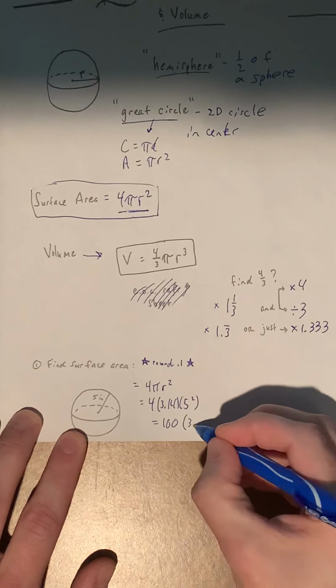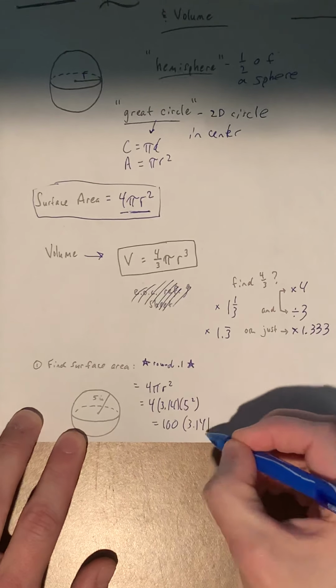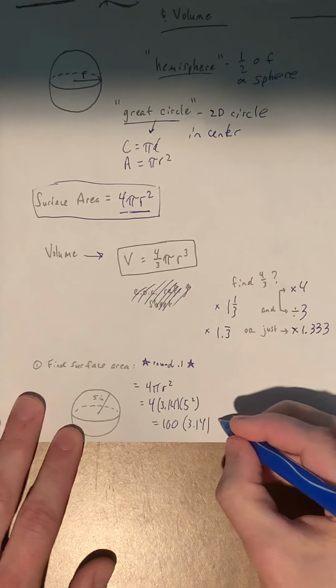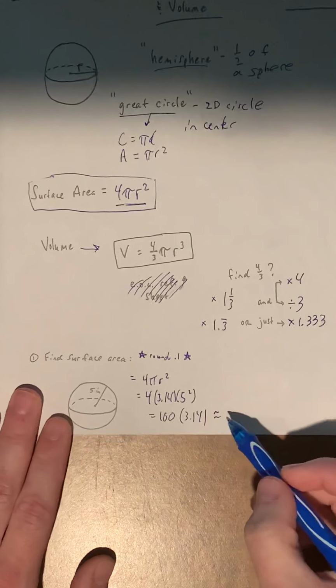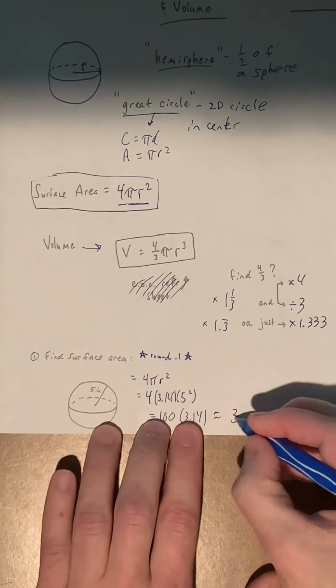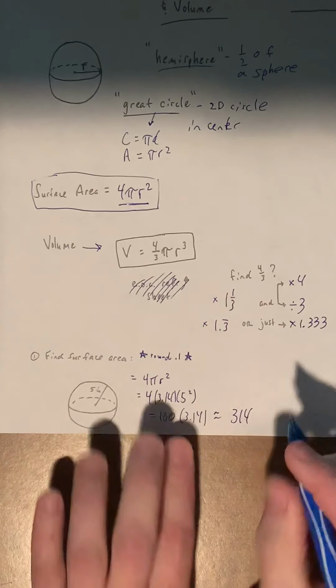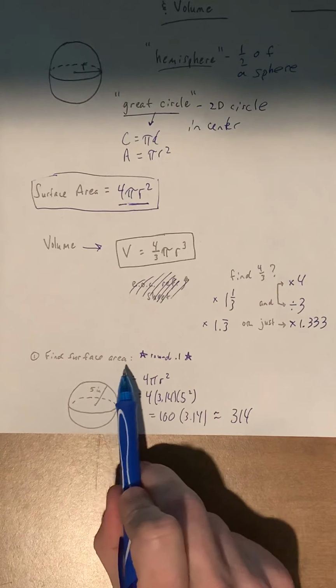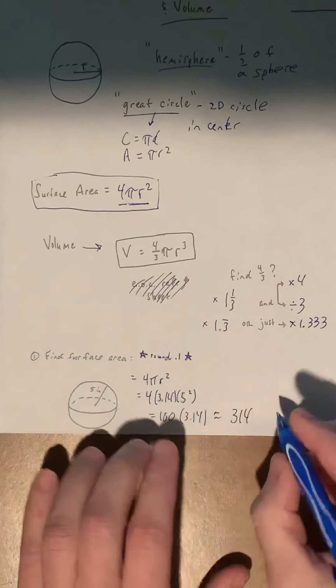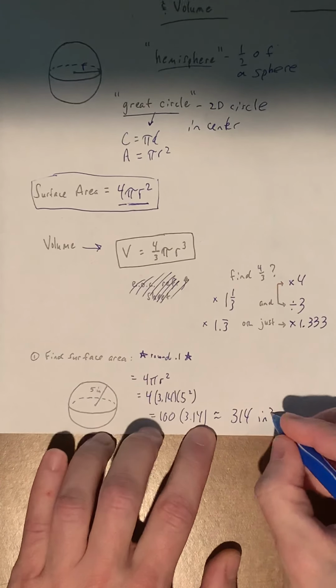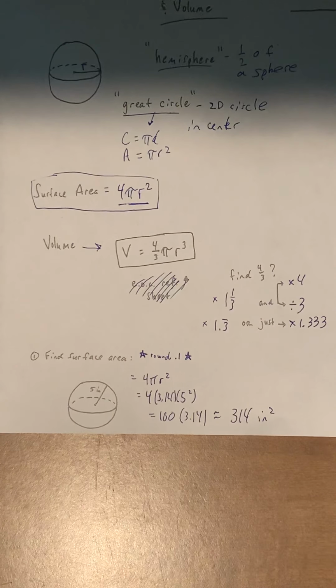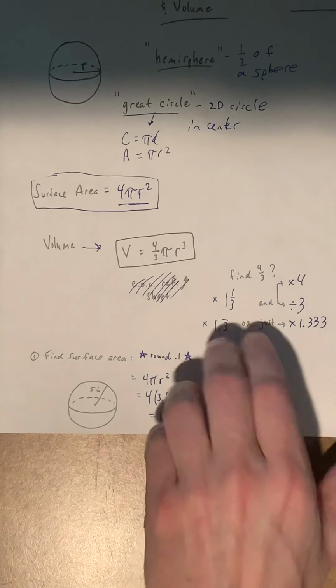And 100 times 3.14 actually just moves the decimal over twice. It's still an approximation though, remember. So 314. And remember, surface area is square inches, so inches squared or square inches. And there you go. Surface area of a sphere with radius 5. All right, let's hop to the back.